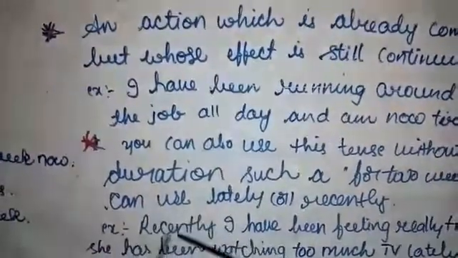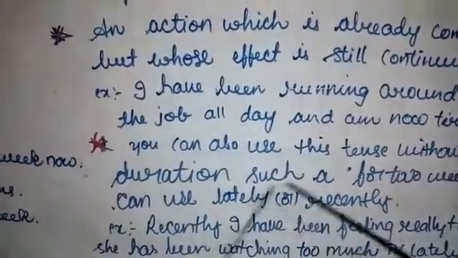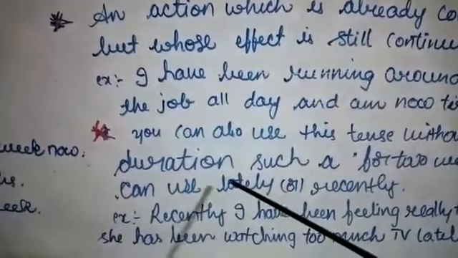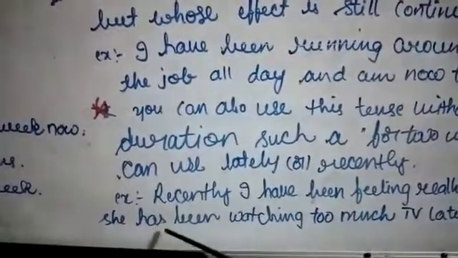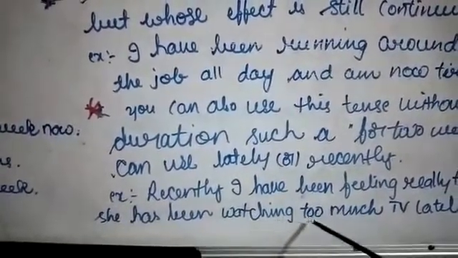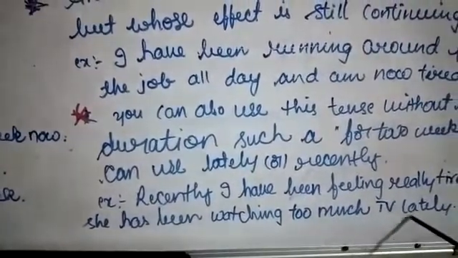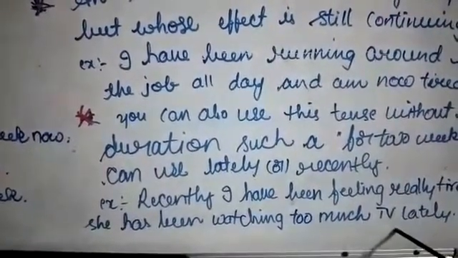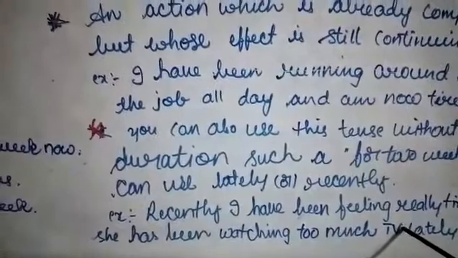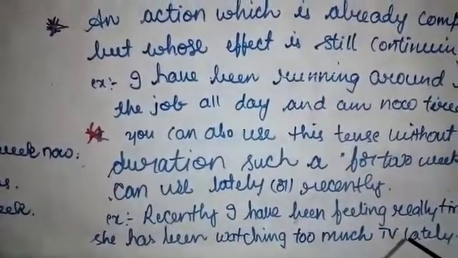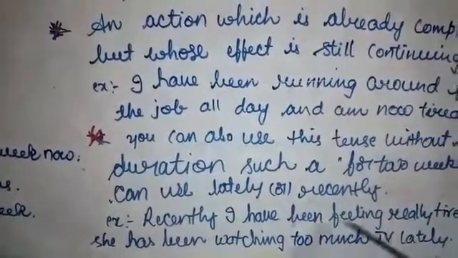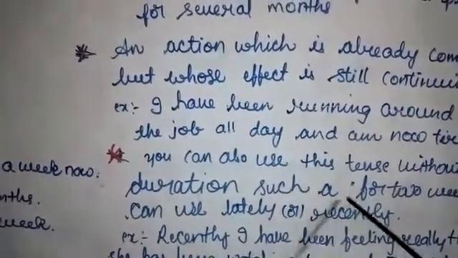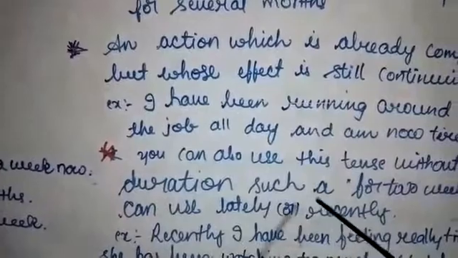So recently or lately, these are the two words used instead of for to denote duration. Another example, she has been watching too much TV lately. Here we didn't use for to tell about the duration, but instead we have used the word lately. These are the substitute words to use instead of for, lately or recently.